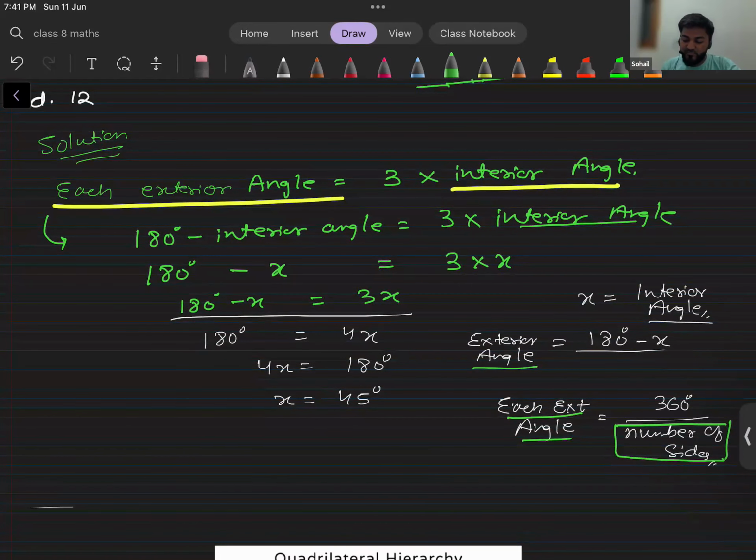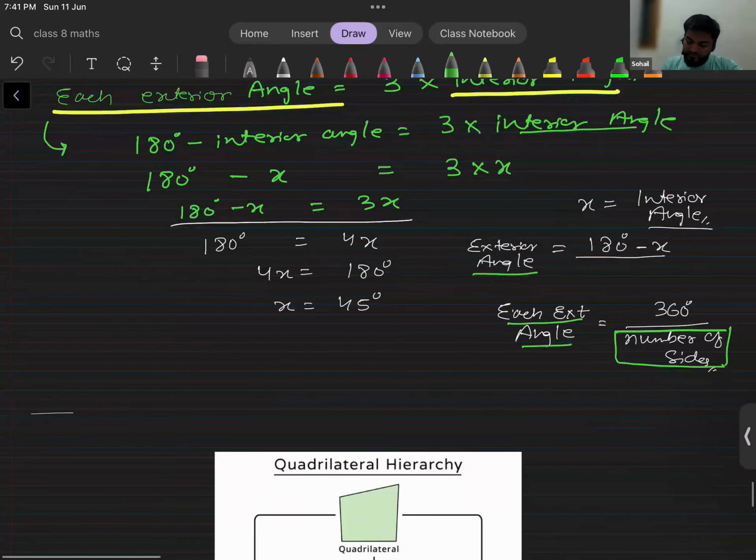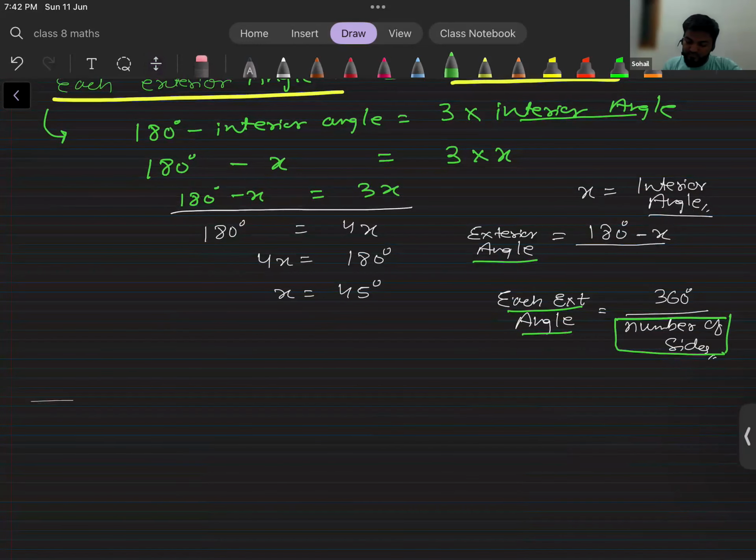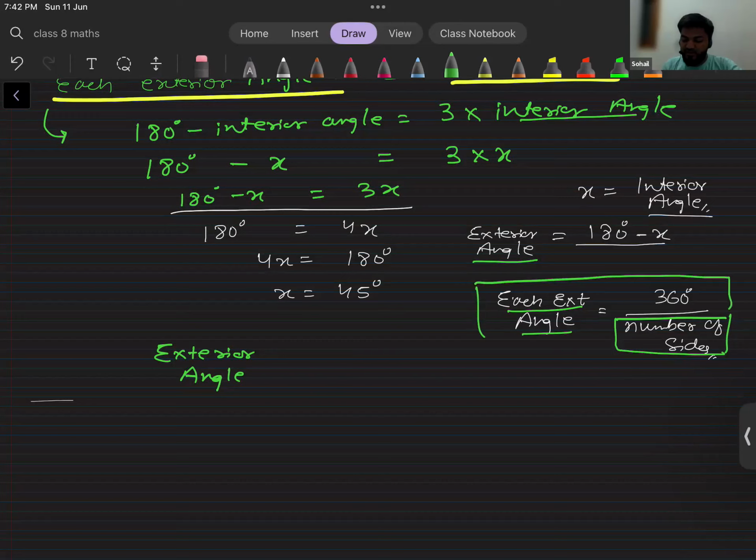What is it going to be? Find out the exterior angle now, because you have to put the exterior angle in this formula and then find the number of sides.